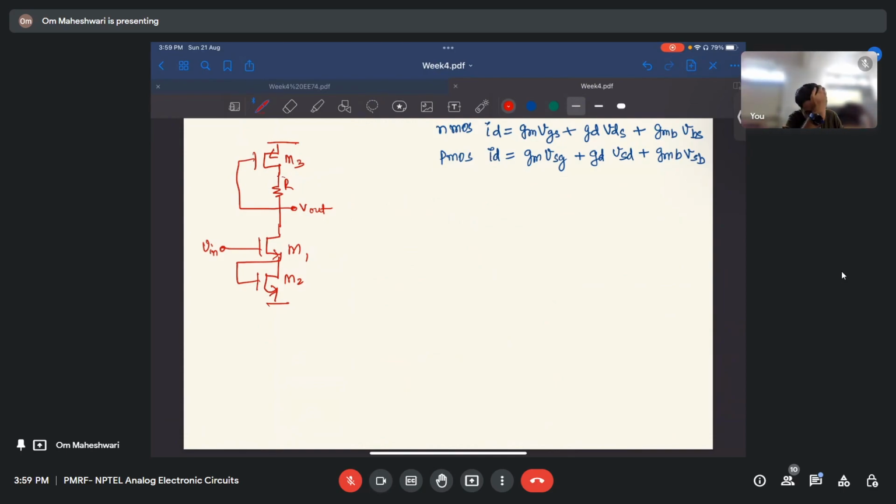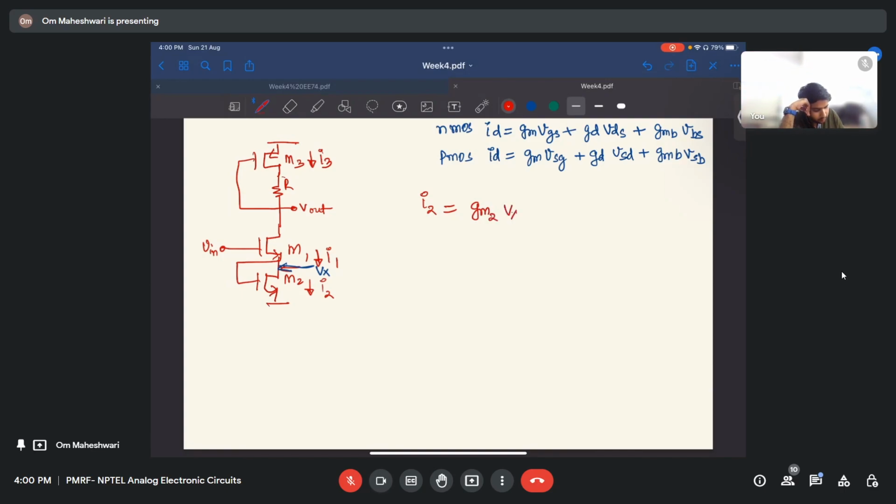Okay. So let us first write the equation for I1. No, it will be I2. Sorry, I2, I1, I3. So I2 will be, let us take it as Vx again because we need some value here. GM2 VGS.